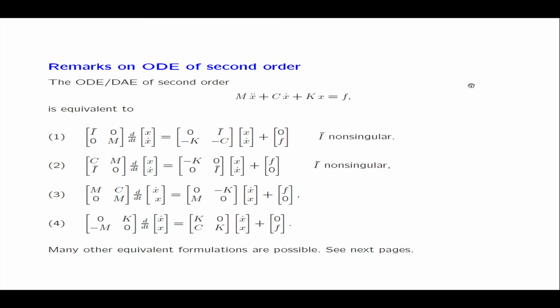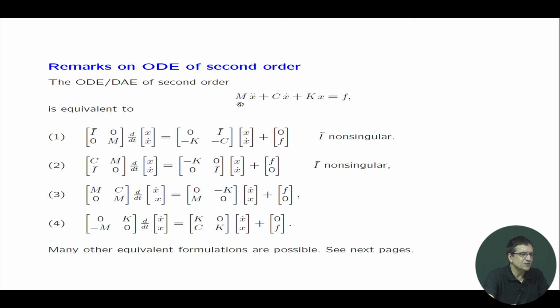And here are some examples for, one could say, the most interesting case, namely that we have a differential equation of second order with a positive definite mass matrix, some damping matrix, and a stiffness matrix, and some right-hand side. And in applications, this is very often an external force.